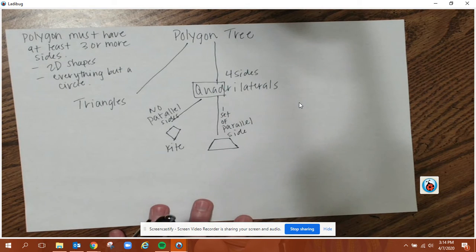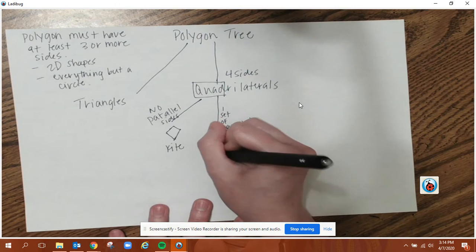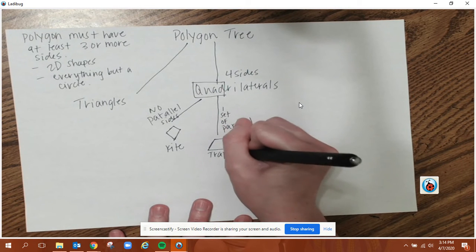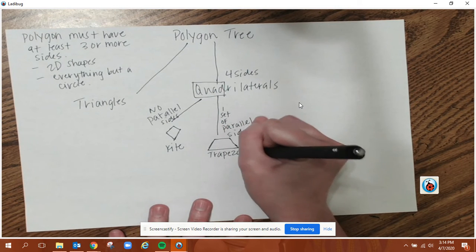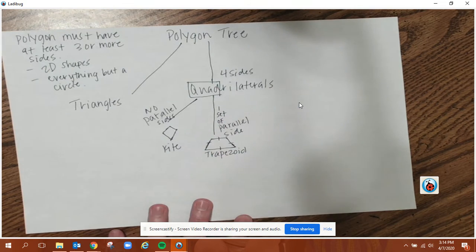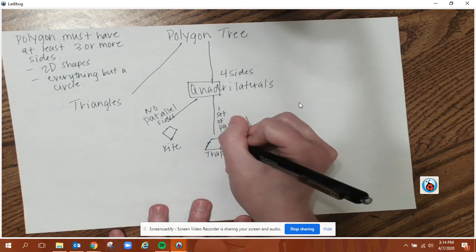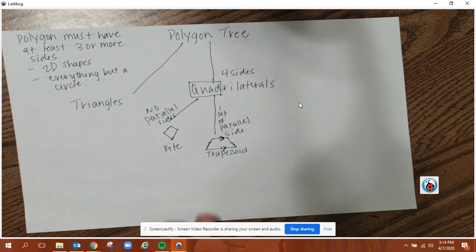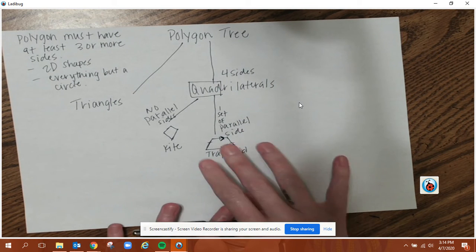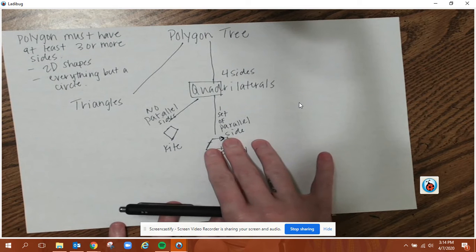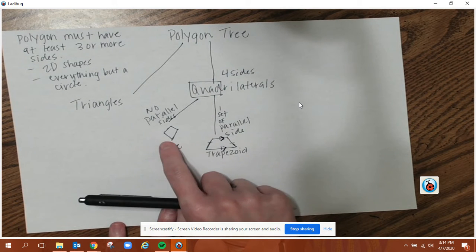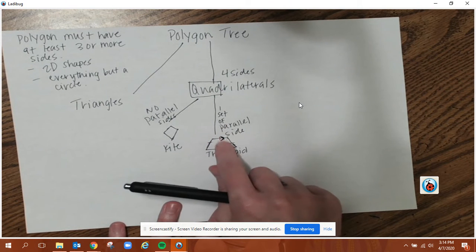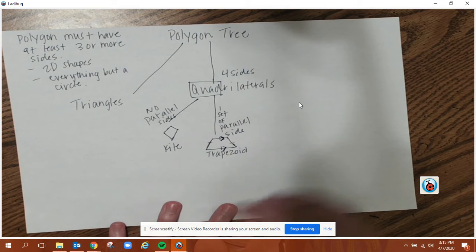Now we know that this is a quadrilateral because it has 4 sides, right? But then it also has one set of parallel sides, the top and the bottom. Okay? So this trapezoid is a quadrilateral, but it cannot be classified as a kite because it does have one set of parallel sides. Okay?